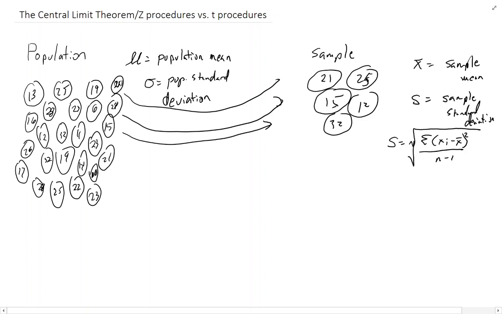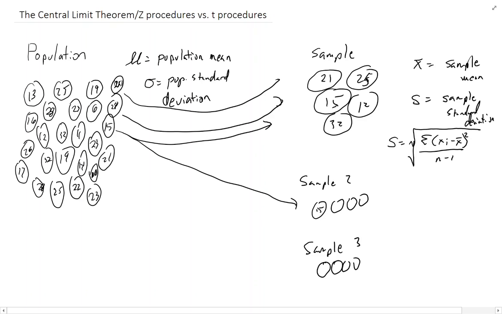But what happens when we look at the central limit theorem is we think about the sampling distribution. What would happen if we were to take multiple samples? So if I look at sample number 2, I get a different group of things. Sample number 3, I'll choose different ones, and maybe this 15 would end up in both those samples, and that's okay.